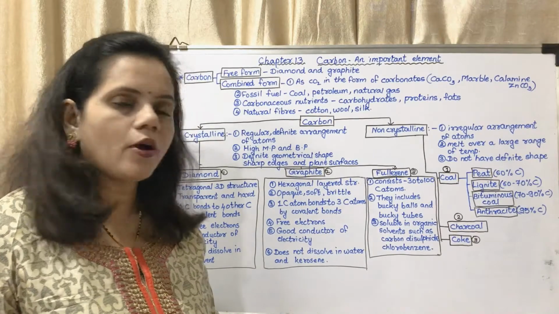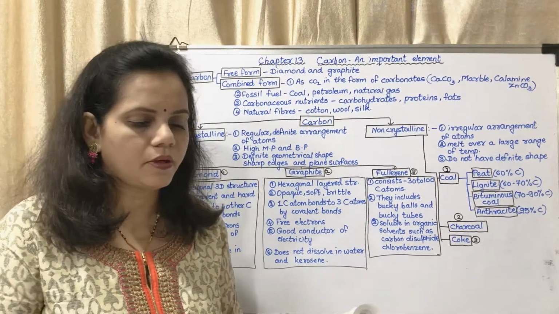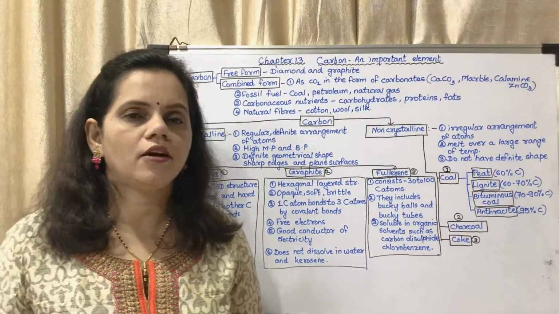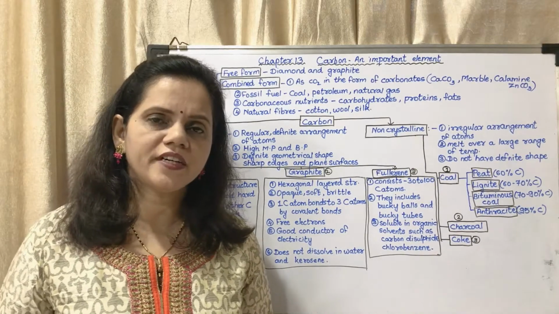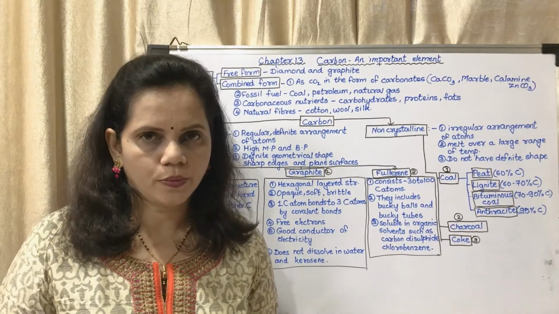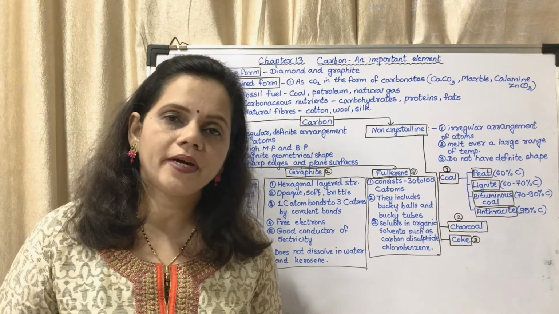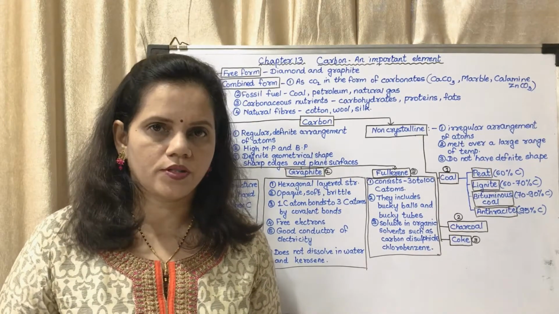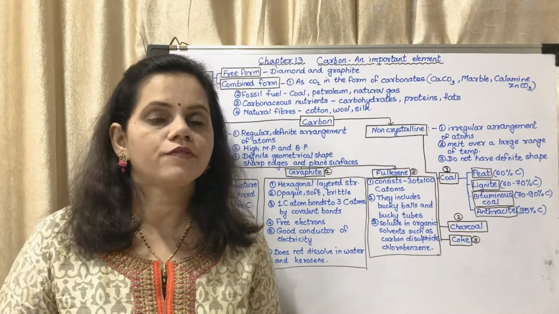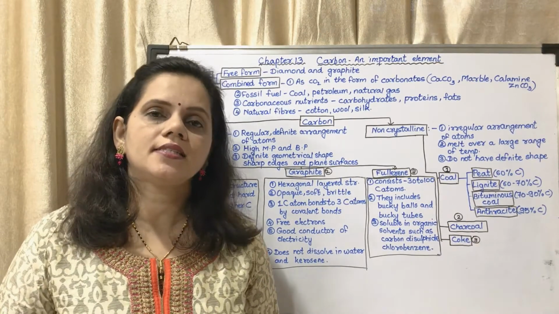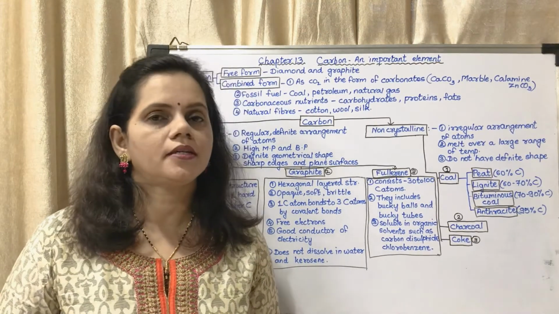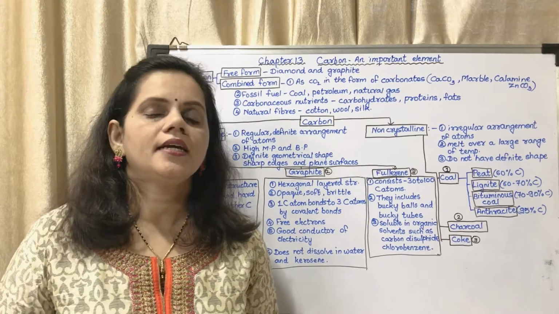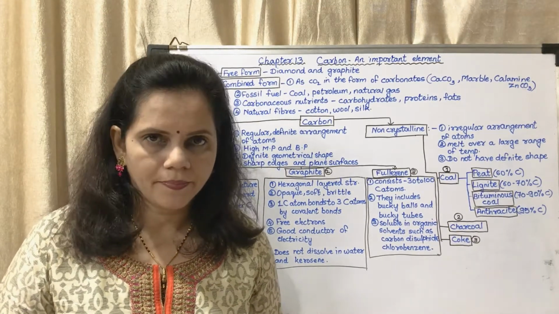Now you may see properties of carbon. Page number 139. Properties of carbon. The first property is allotropy. Allotropy is the property of a substance to exist in different forms. Different forms of the same element having the same chemical properties but different physical properties is called allotropy.